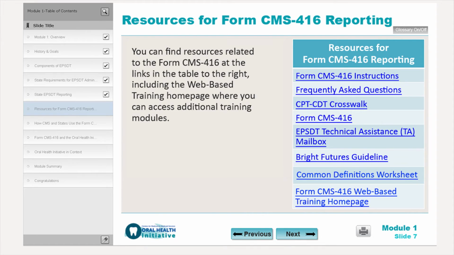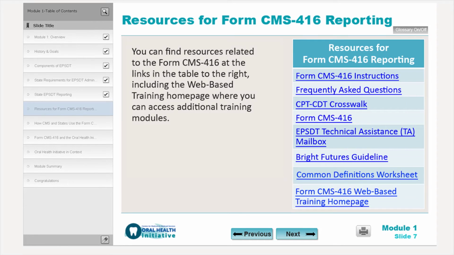There are a number of resources available for Form CMS-416 reporting. You can find resources related to the Form CMS-416 on the EPSDT page of Medicaid.gov, including the web-based training homepage where you can access additional training modules.